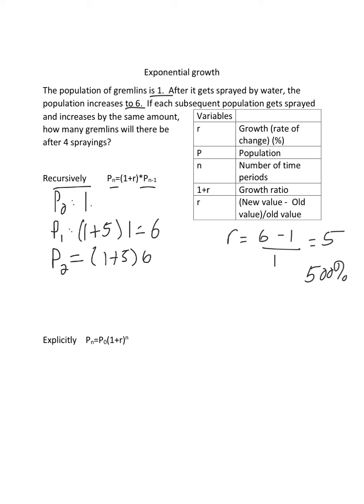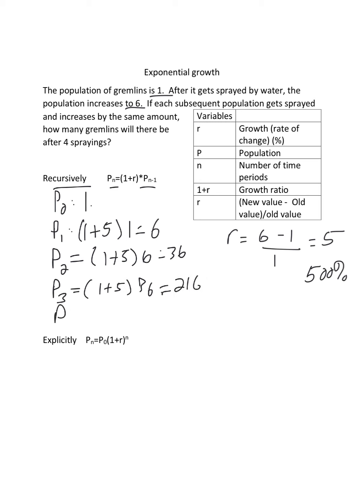That's going to be 6 times 6, which is 36. p sub 3 is still going to be 1 plus 5, and now, since we're at p sub 3, p sub n minus 1 is p sub 2, which is 36. I'm not going to be able to do that one in my head, I don't believe. It comes out to be 216.